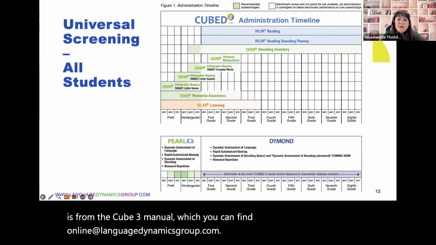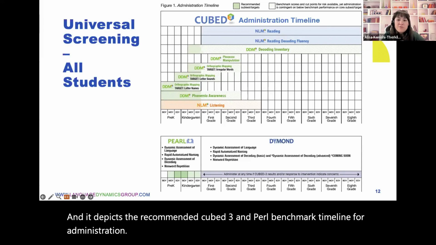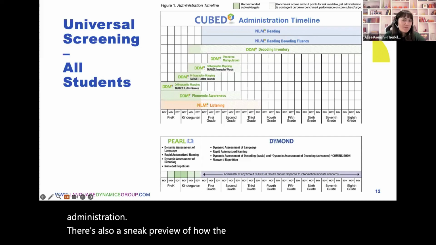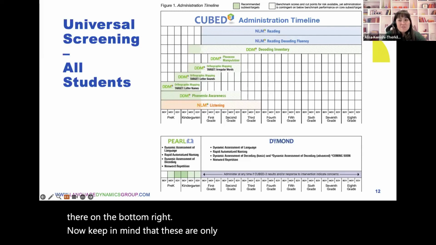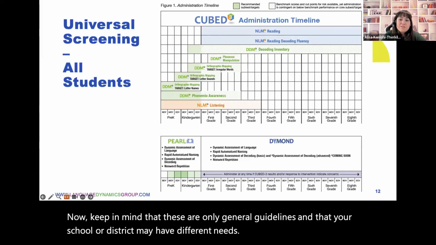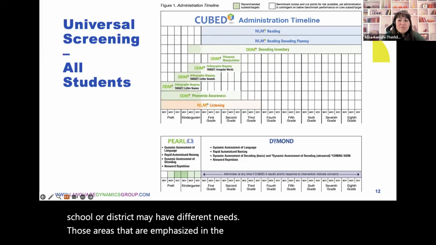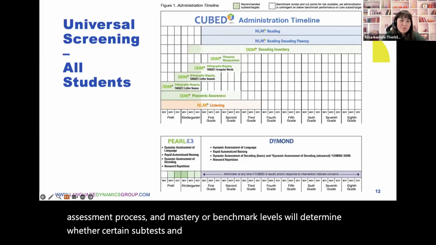And it depicts the recommended Cubed 3 and Pearl benchmark timeline for administration. There's also a sneak preview of how the Diamond will fit into the picture there on the bottom right. Now keep in mind that these are only general guidelines and that your school or district may have different needs. Those areas that are emphasized in the curriculum will drive the assessment process, and mastery or benchmark levels will determine whether certain subtests and measures are required.